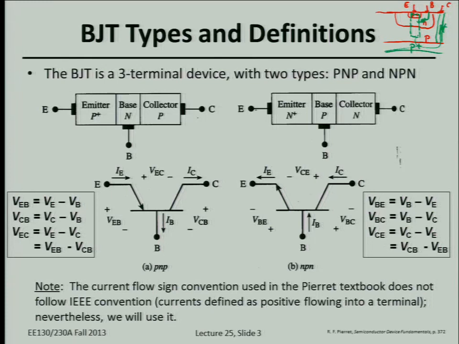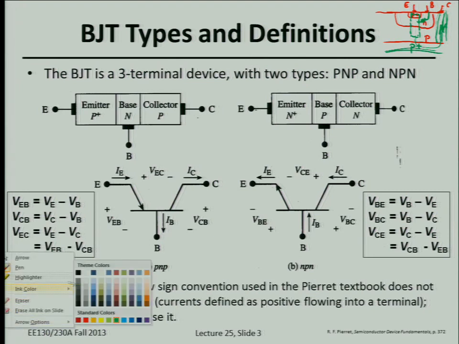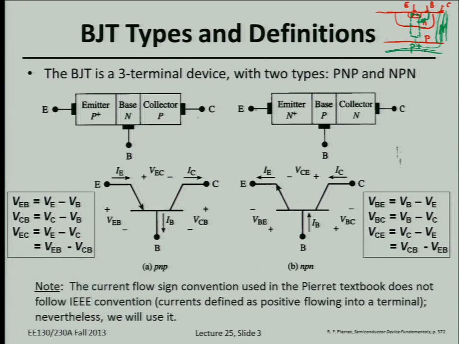The subcollector and this P+ region to the side are there to make lower resistance contact to the collector. But in this class, for simplicity, we're just going to assume that the bipolar junction transistor is just a rectangular volume, and the area of this junction right here is the area of the emitter. That's just a rough estimate, right?